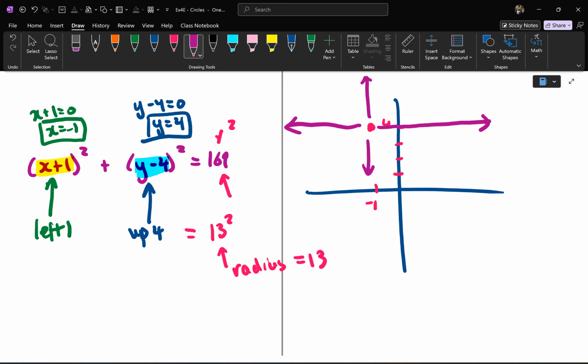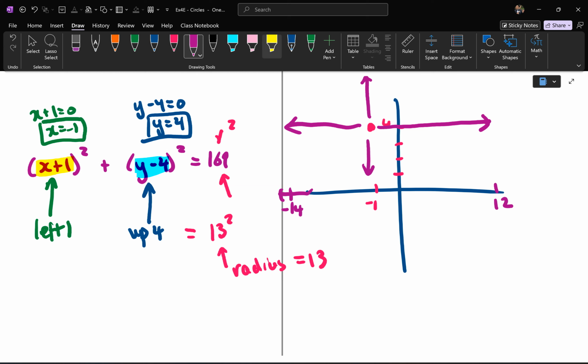Now, if you think about it, from -1, if I add 13, that should give me a maximum width of 12. If I subtract 13 this way, then I should have -14. That's between -14 and 12. That's how big my circle should be.